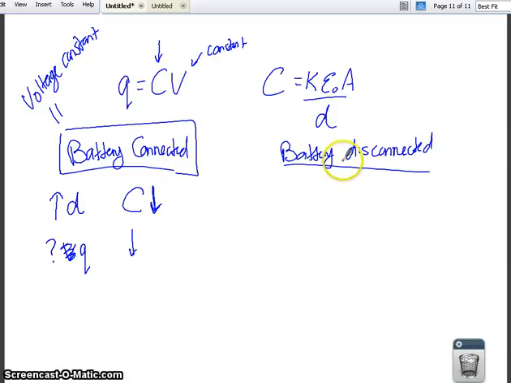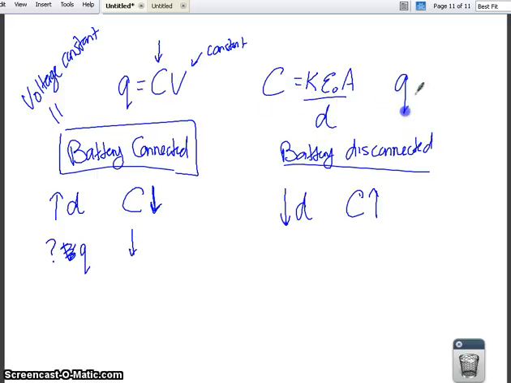If the battery is disconnected, let's say we charge up a capacitor, we disconnect the battery, and then we decrease the distance between the plates. Same logic: if we decrease the distance between the plates, capacitance will go up, because these are inversely related. Now we go over to this equation.